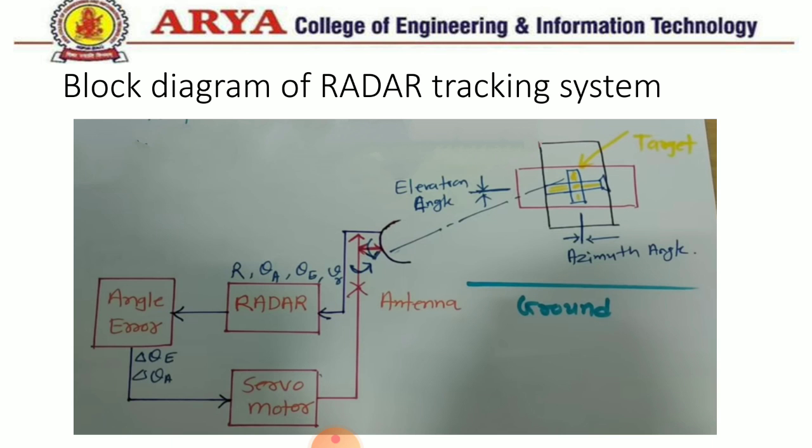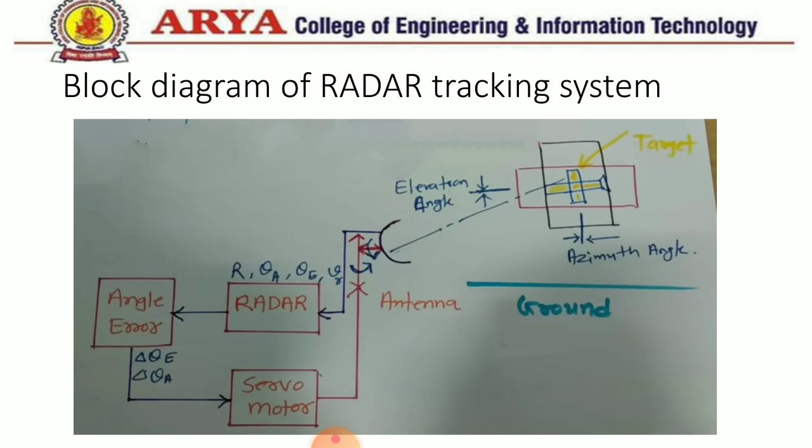See here we have a target, an aeroplane moving in the direction towards the antenna. The antenna transmits a beam which identifies this object. When it identifies the object, based on frequency drift we can identify the velocity of the object.